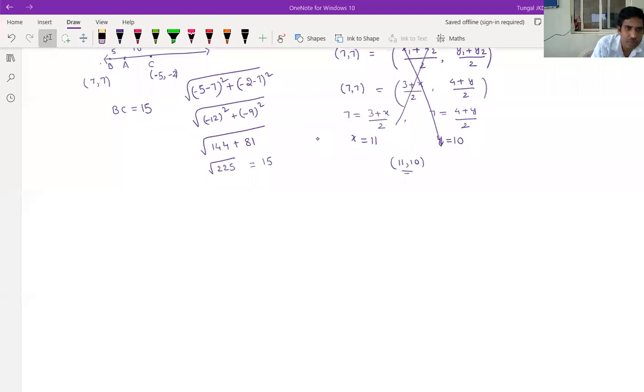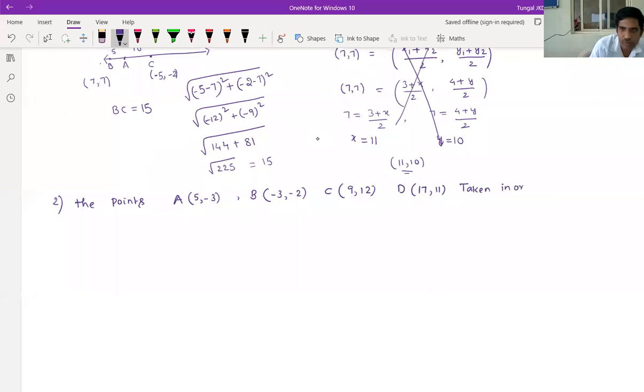Next question. The points A (5, -3), B (-3, -2), C (9, 12), D (17, 11), taken in order, form: first option, parallelogram; second option, rhombus; third option, rectangle; fourth option, square.